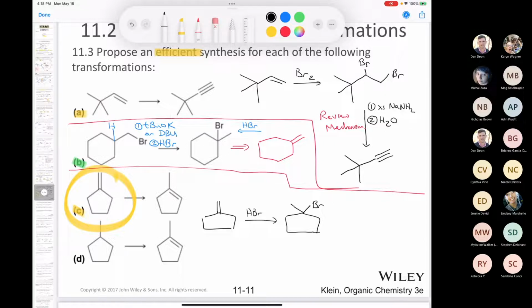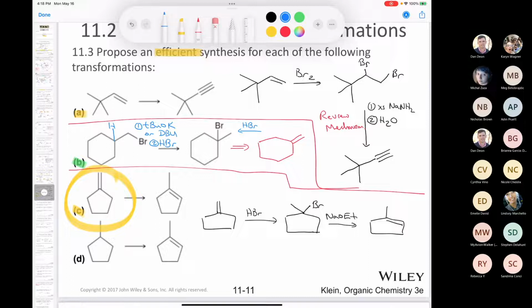Then all I have to do is treat it with an unhindered base to make the Zaitsev alkene. I would just use sodium ethoxide, and that would give me this product. But there is another way.